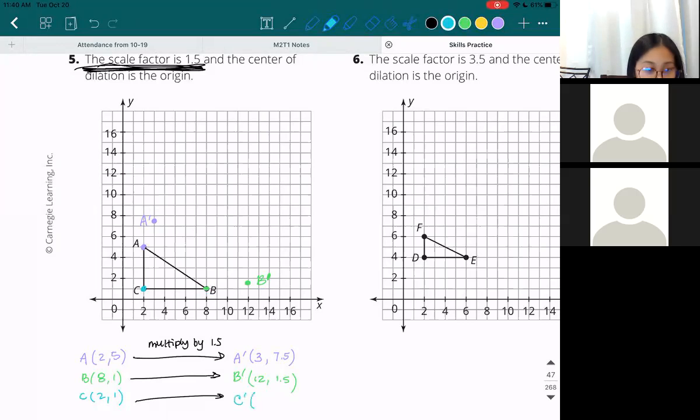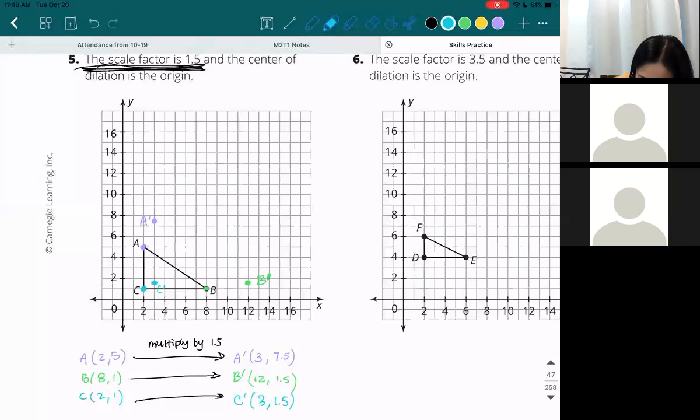And then last but not least is our C prime. So C originally was 2, 1. So we're going to take the 2, multiply it by 1.5. What is 2 times 1.5? 3. And then 1 multiplied by 1.5. 1.5. Good. So 3, 1.5 is right over here. So this is our, well, where can I label it?